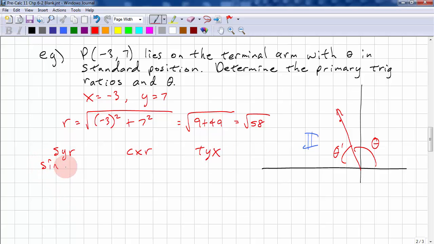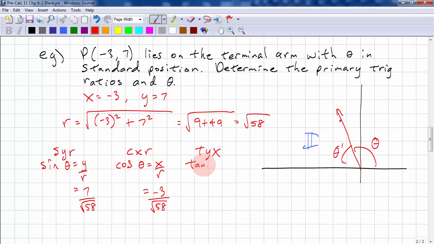And sine theta equals y over r, and that equals 7 over root 58. Cosine theta equals x over r, and that equals -3 over root 58.